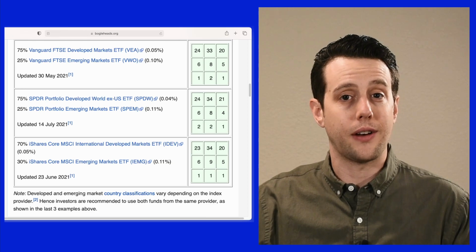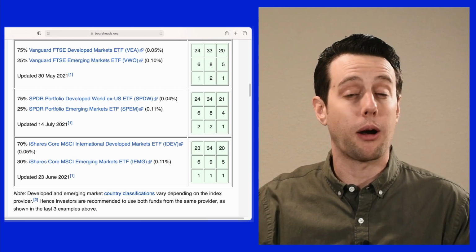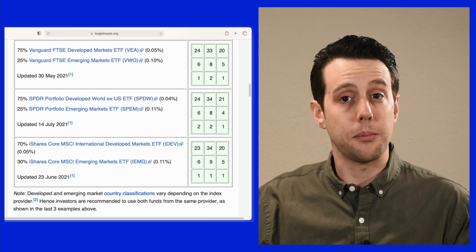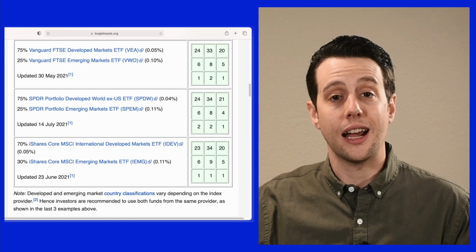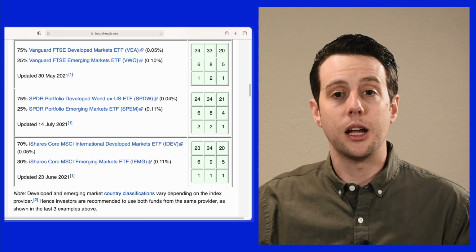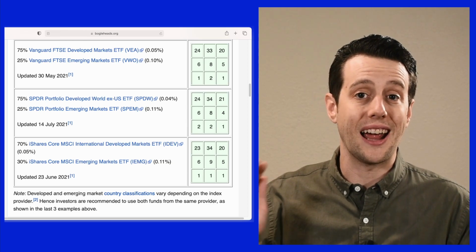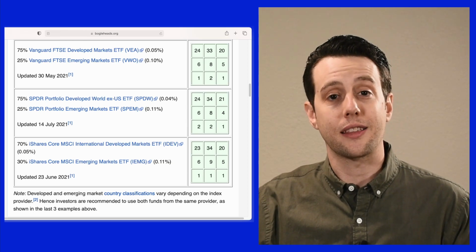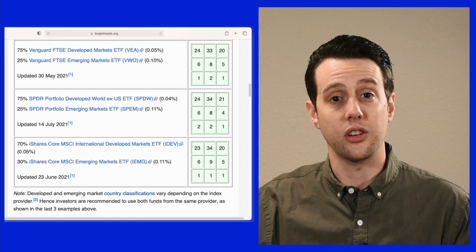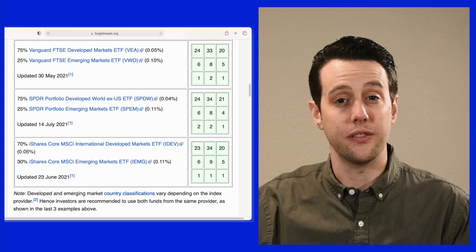State Street Global Advisors has developed and emerging market ETFs. The Developed Markets ETF is ticker SPDW, and the Emerging Markets ETF is ticker SPEM. These track the S&P versions of these indexes instead of the FTSE version.